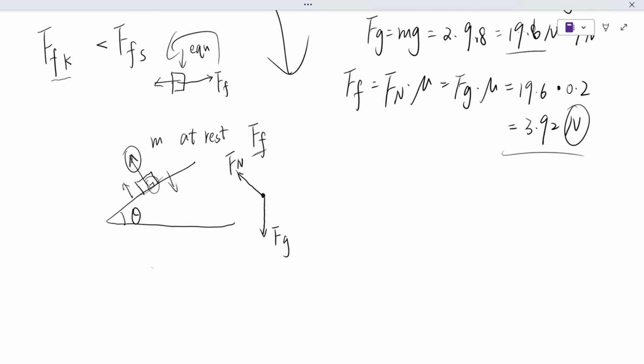So in this situation, if there's no friction, it slides down in this direction. This is the direction of the motion, which means the friction must point that way. So this is the direction of Ff.